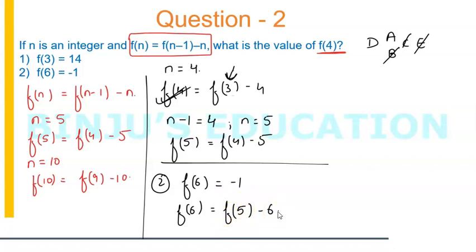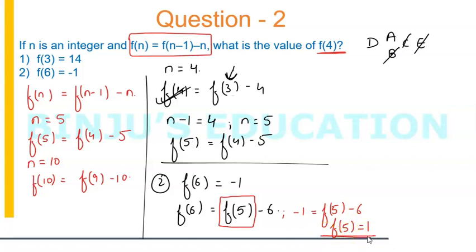Now if I know the value of f of 6, can I say that using this equation, this expression that I have just formed, can I calculate the value of f of 5? Yes, I can do that. I'll simply put f of 6 as negative 1. So I should get negative 1 is equal to f of 5 minus 6, or in short, f of 5 will be equal to 1.